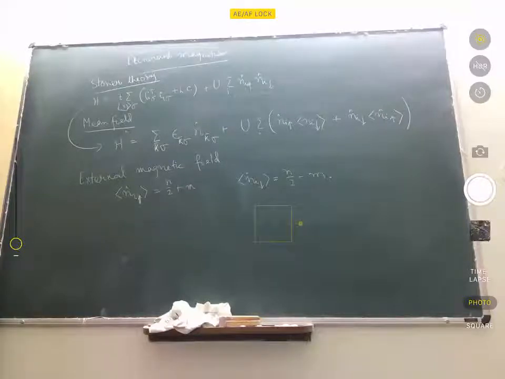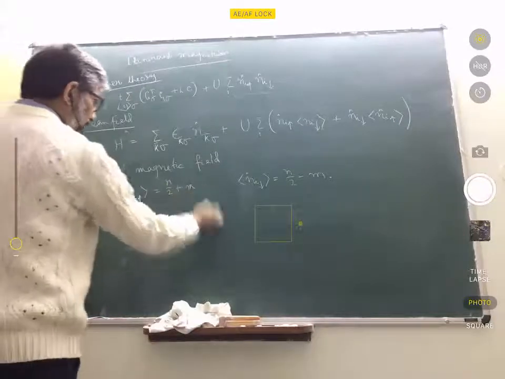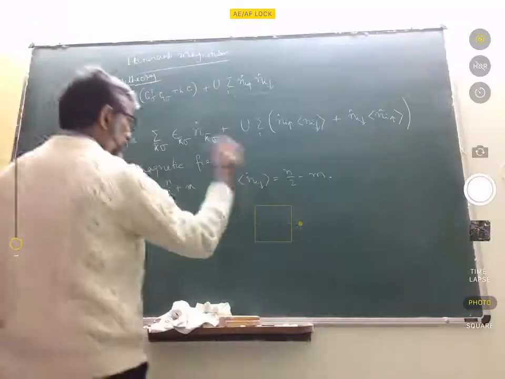So using this decoupling scheme, the mean field decoupling scheme that we wrote here, what is the energy of the system? So what is the magnetization? The magnetization is M, or yeah, it would be half of N up minus N down, expectation of N up minus expectation of N down.